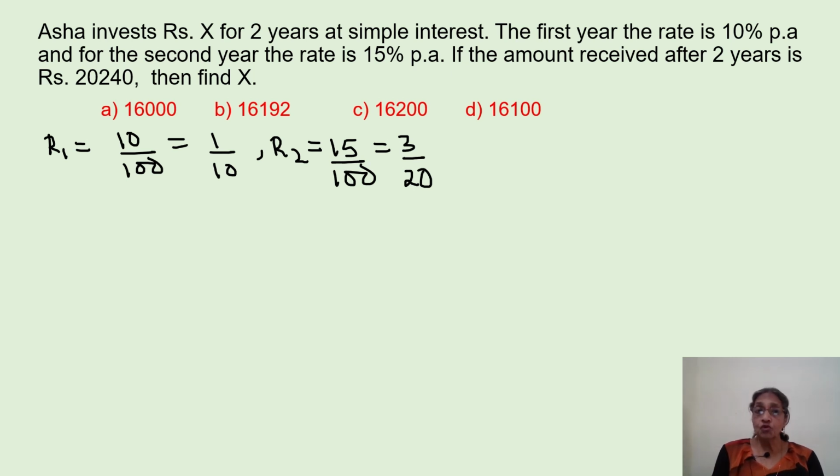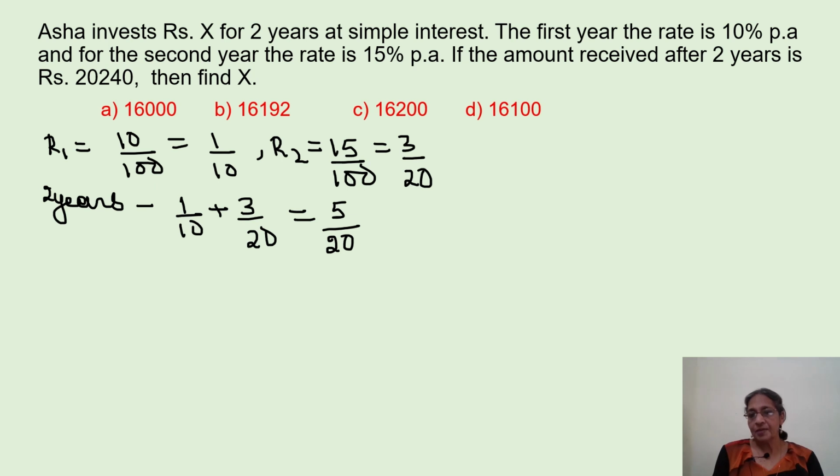Now for 2 years, the total would be 1 upon 10 plus 3 upon 20, which if you take the LCM would come out to be 5 upon 20.